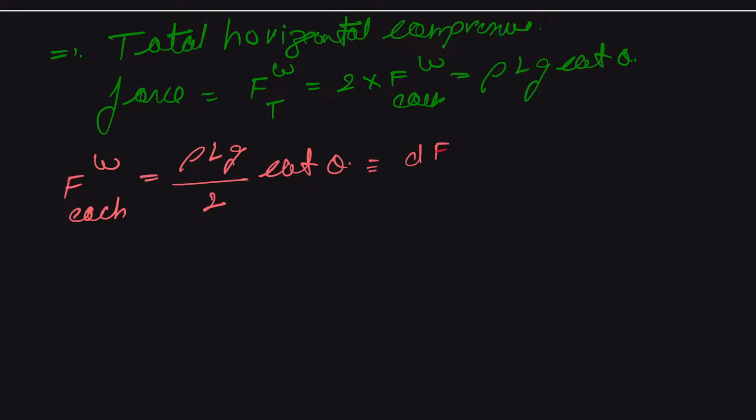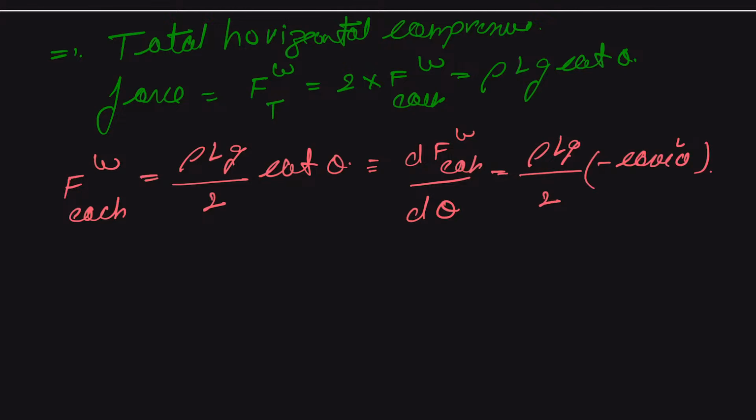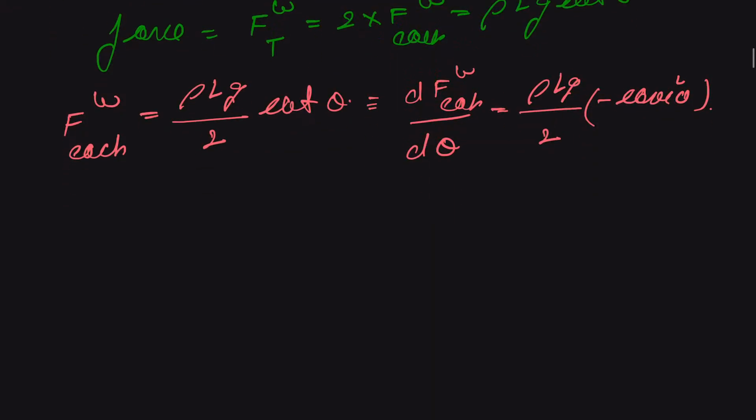So we can write dF each of W by d theta will be equal to rho L g upon 2, and we have cot of theta, giving us minus cosec square theta. And therefore, we can write this for theta less than pi by 2 but greater than 0.